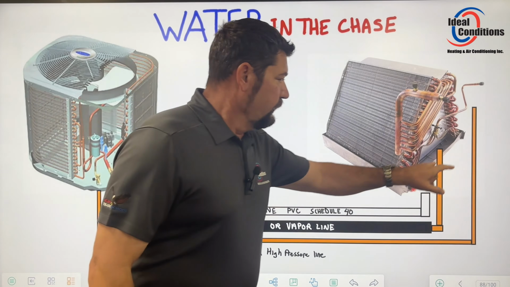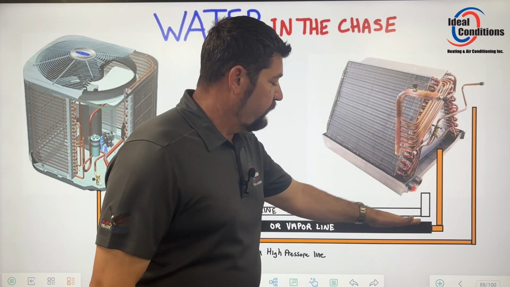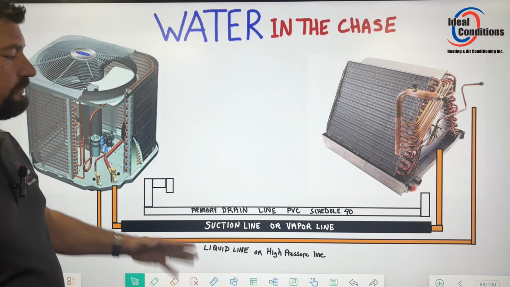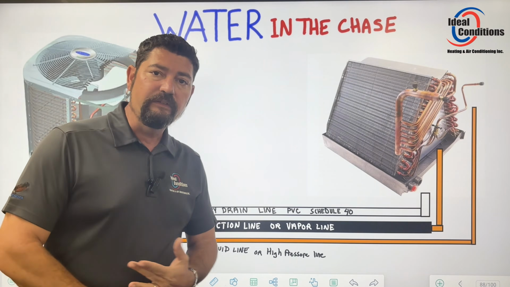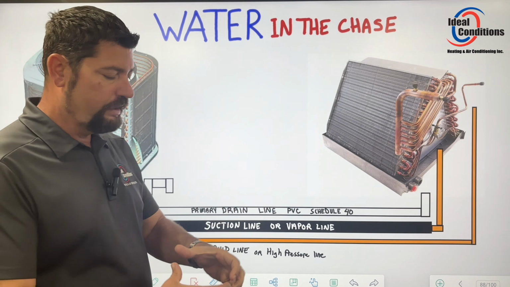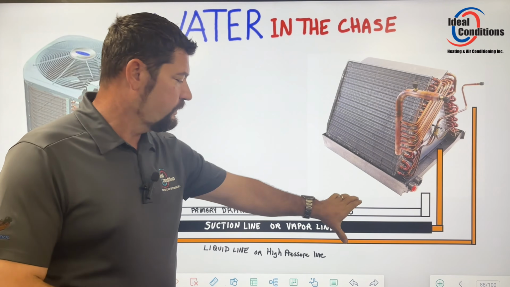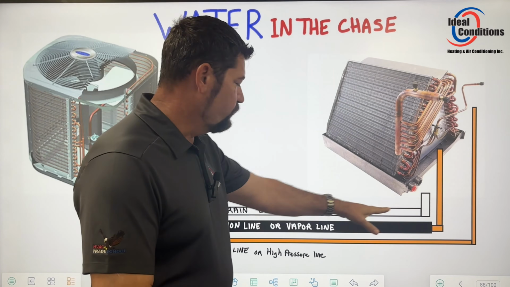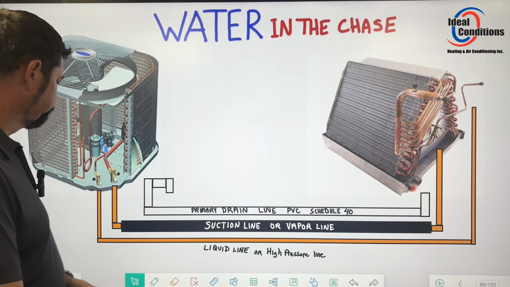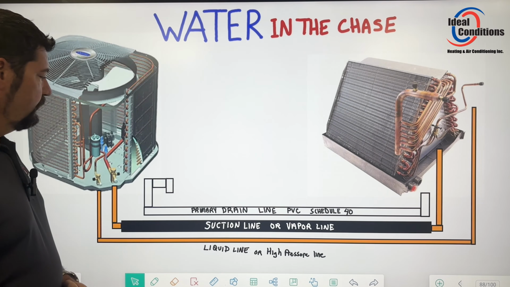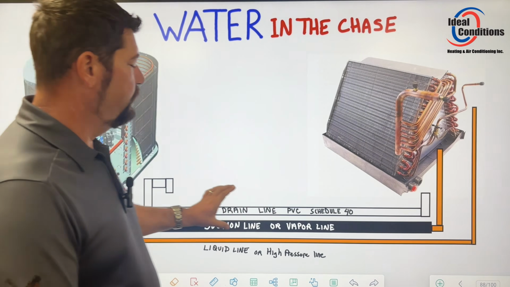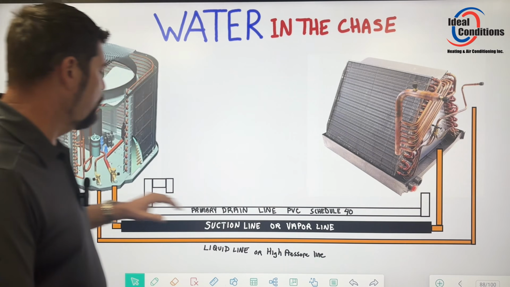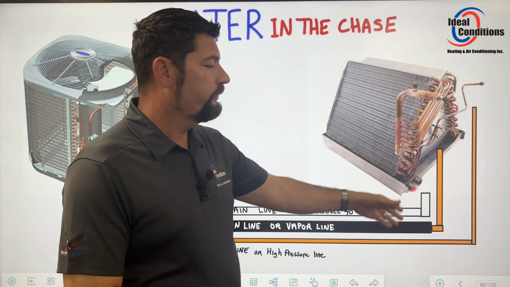And the line set, because we have a suction line and a liquid line, as that line set travels sometimes through chases, through big plumbing pipes that are underneath the slab, underneath that concrete foundation. You have a drain line in there too, a lot of times. And we don't look at how this line set is moving from point A to point B and what could cause that temperature change.